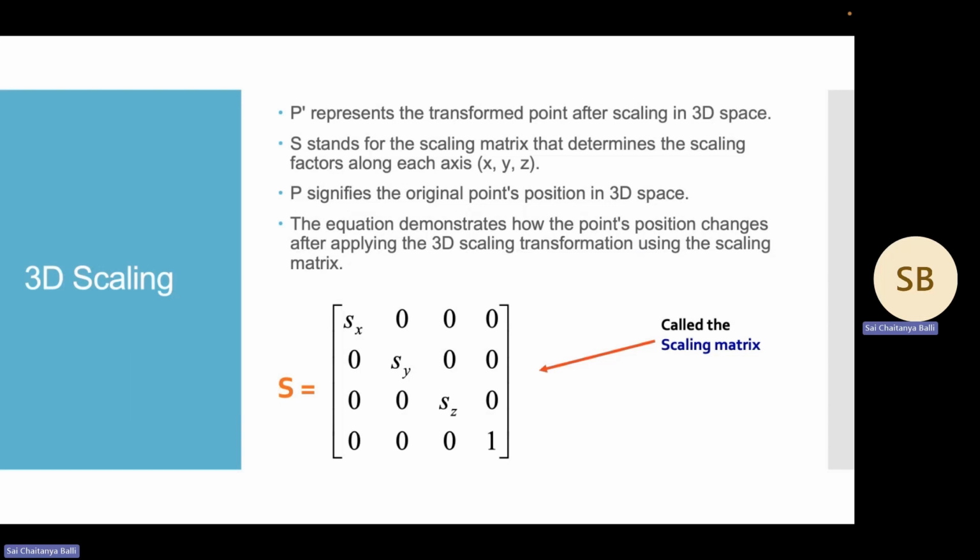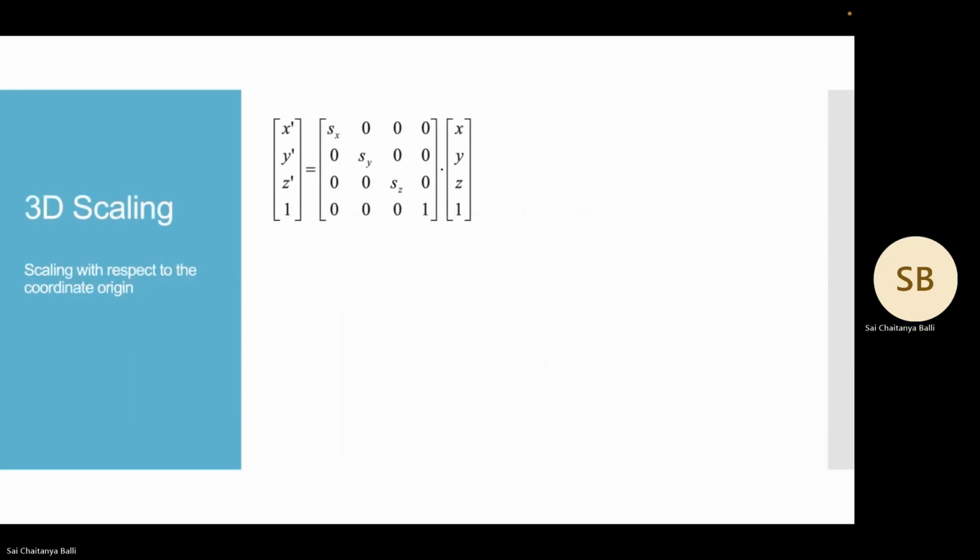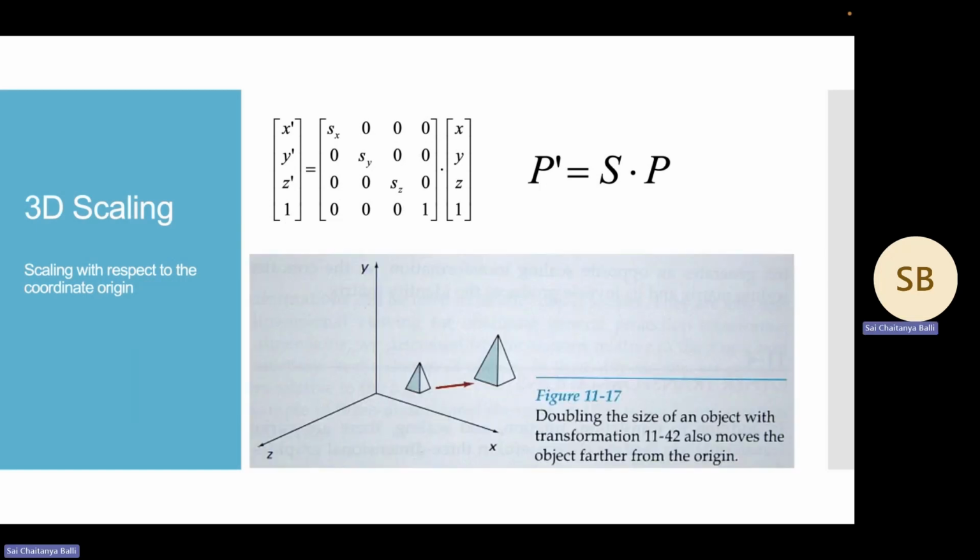The equation demonstrates how the point's position changes after applying the 3D scaling transformation using the scaling matrix. We multiply this matrix with the x, y, and z coordinates based upon the scaling factors, so P dash equals S dot P.